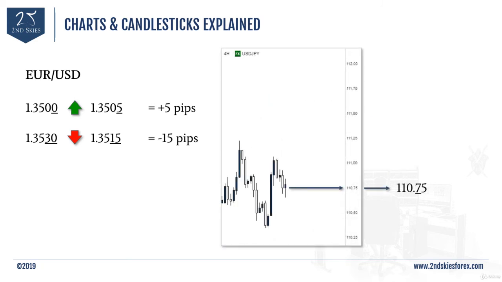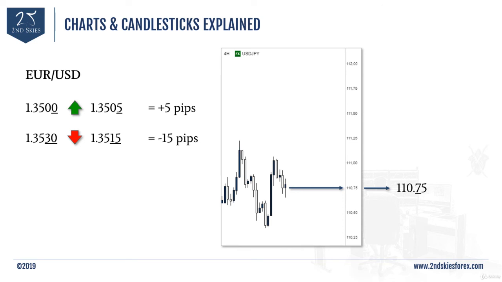One exception to what I mentioned in the previous slide, that most major currency pairs have 4 decimal points, are yen pairs. Yen pairs have only 2 decimal points. So that's the only exception to this rule. So 2 decimal points instead of 4 or 5.